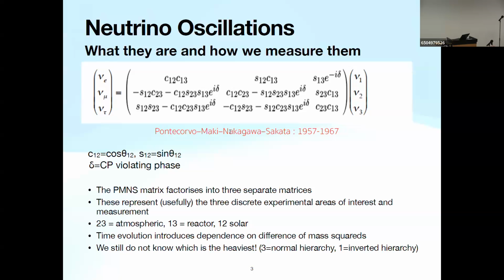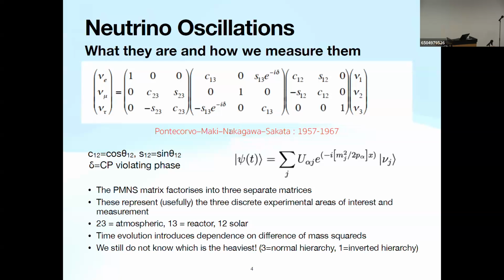I just thought I would point out that while this unitary matrix that he talked about relates the weak eigenstates to the mass eigenstates, it does usefully factorize into the three experimental regions. This one here is the one that we mostly focused the Minos design on.